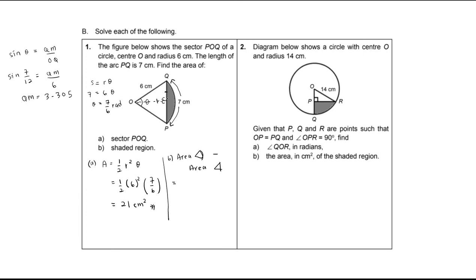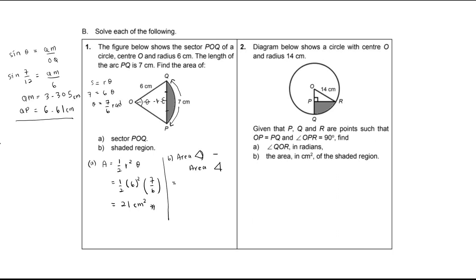That is QM. And then to get QP, QM multiplied by 2. This whole length multiplied by 2, we get 6.6097, so 6.61 cm.